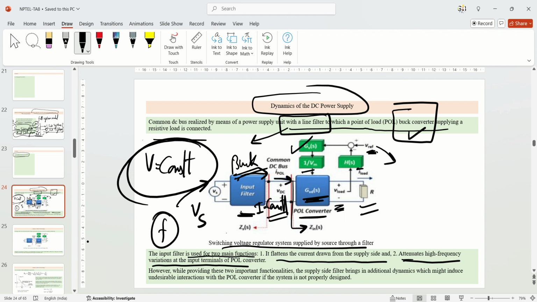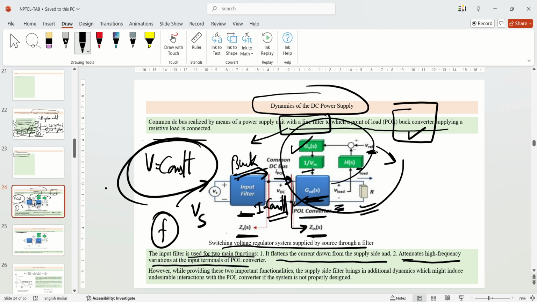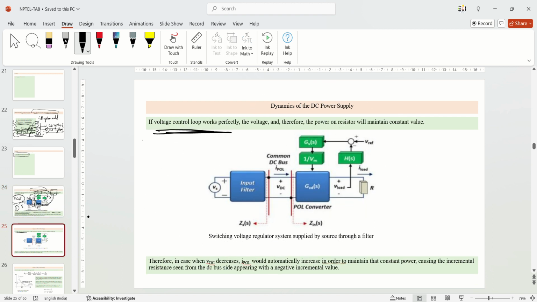Okay. But while improving these two functionalities, the supply side brings additional dynamics. The dynamics in what sense? Undesirable interaction with the POL converter, if the system is not properly designed. This interaction can be seen through ZS and Z input. If the voltage control loop, this voltage control, is not working perfectly, then the power on the resistor will not be a constant value.